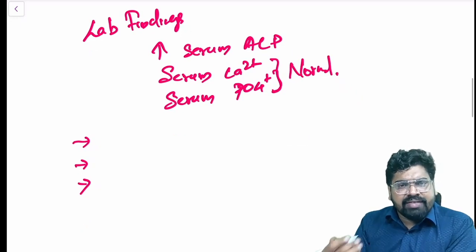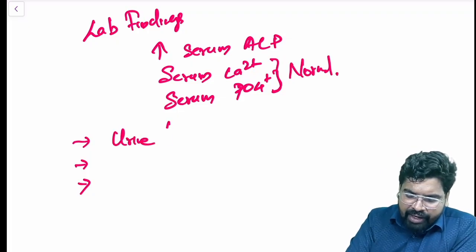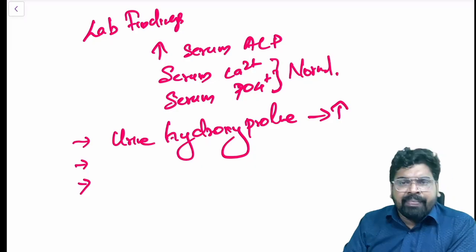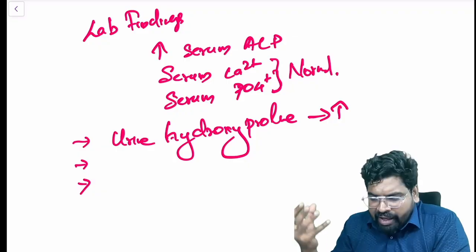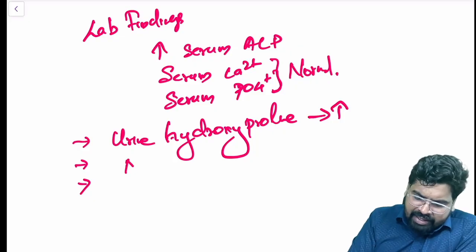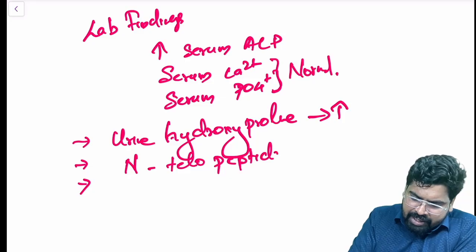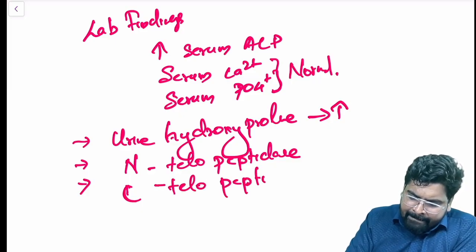Other things seen in Paget's disease are in the urine of these patients: urine hydroxyproline is increased. Hydroxyproline is a byproduct of collagen destruction. Also, N-telopeptide and C-telopeptide are increased in the urine.